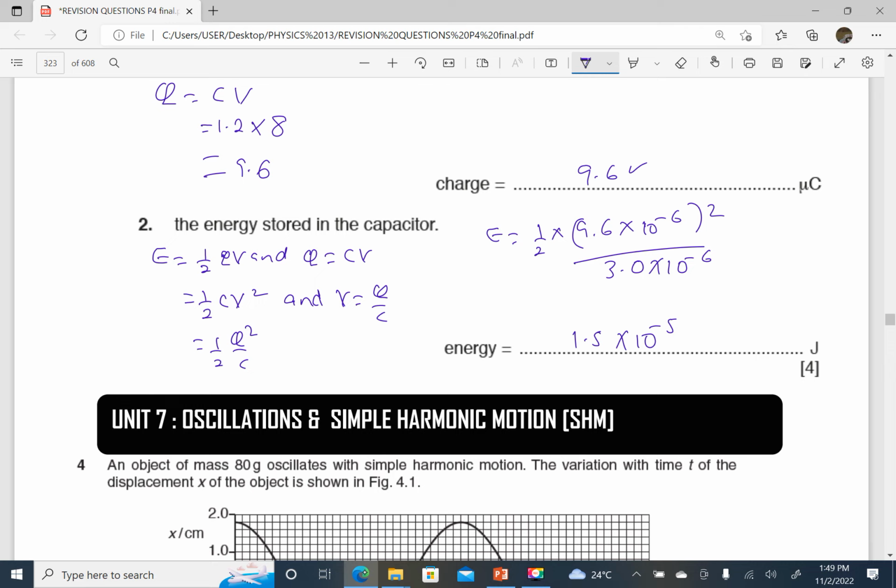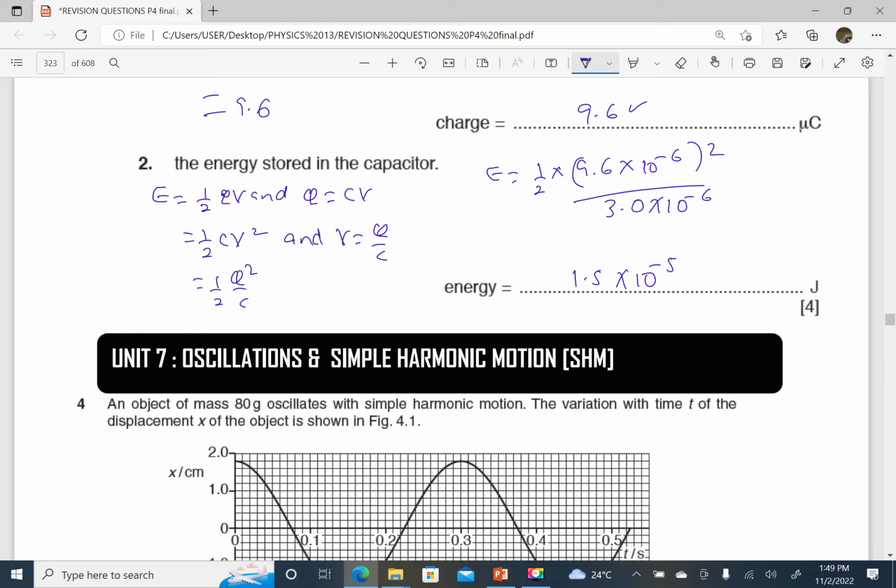So that marks the end of capacitance. I know you will be thinking that the next unit should be oscillations. I know some of you are waiting for oscillations so much because it carries many marks. But like I told you, I follow my classes.